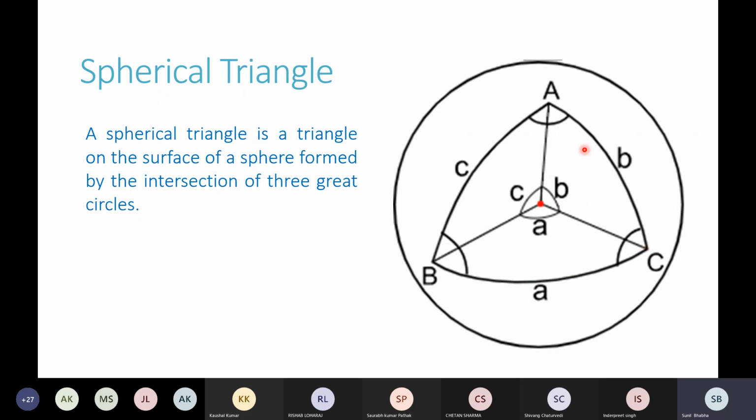And second, all the three sides of this triangle, you can see side AB, it is an arc of a great circle. The second side BC is also an arc of a great circle. And the third side AC is also an arc of a great circle.